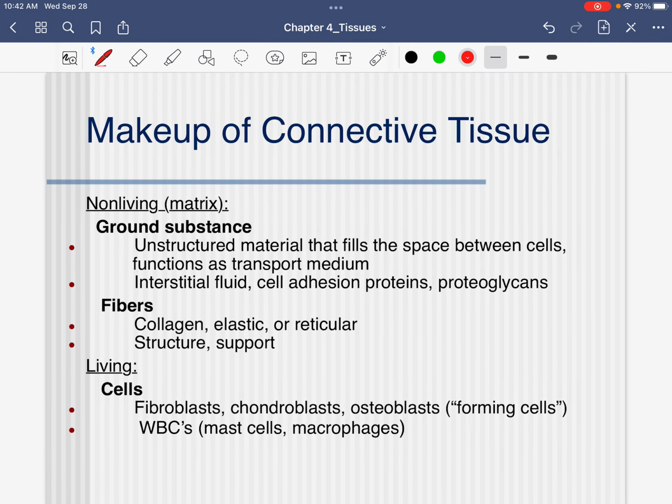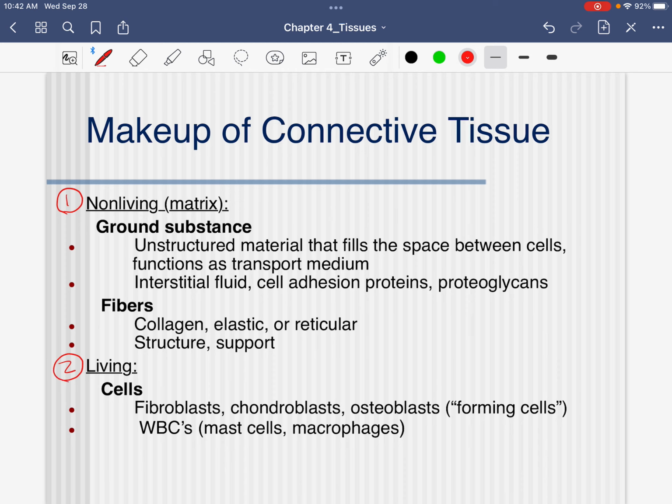So even though we don't have the nice simple naming of shapes of cells and number of layers, there is one way that we can discuss the structure or composition of connective tissue. And that is, no matter what type of connective tissue it is, every connective tissue will have some non-living material and some living material.